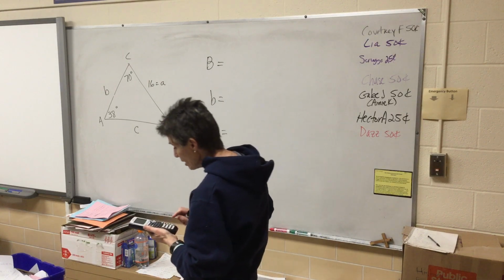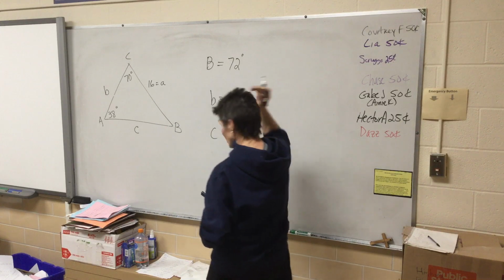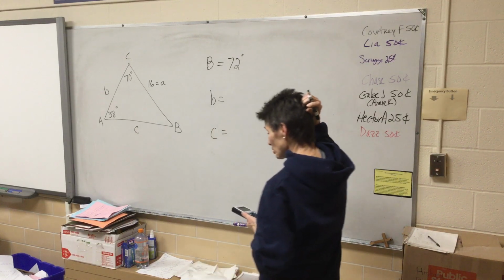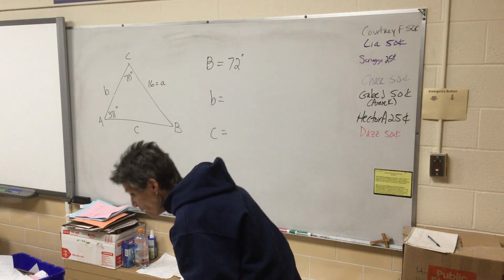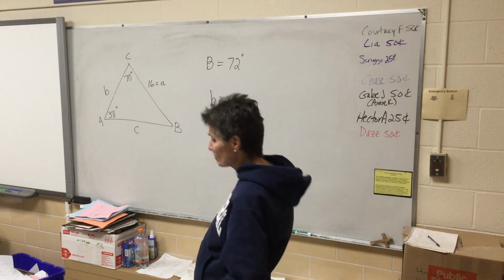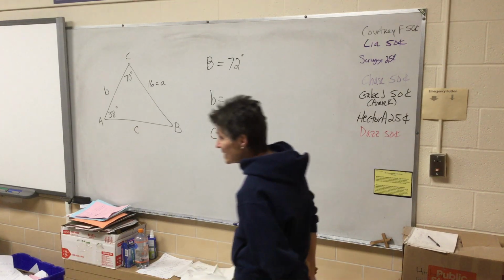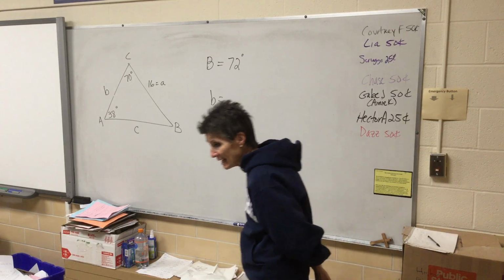Exactly. Thank you, Gabe. We know that the angles of a triangle must add up to 180. If you have forgotten that fact, please write it down and highlight it. You need to remember that the angles of a triangle add up to 180.